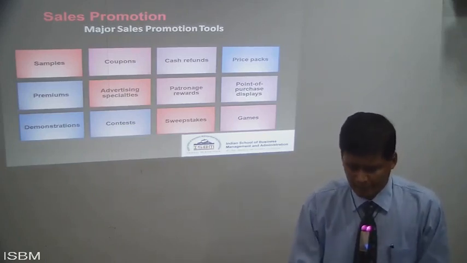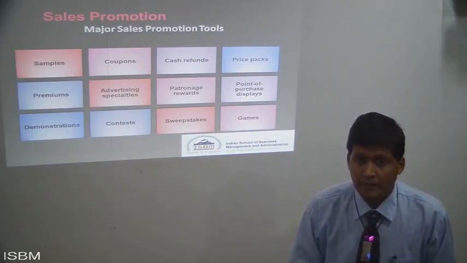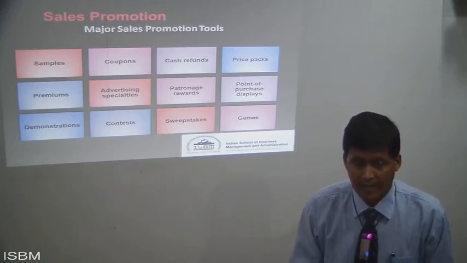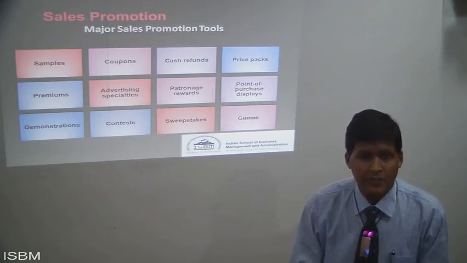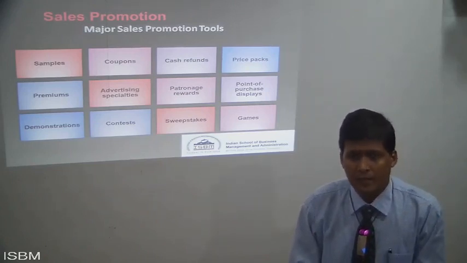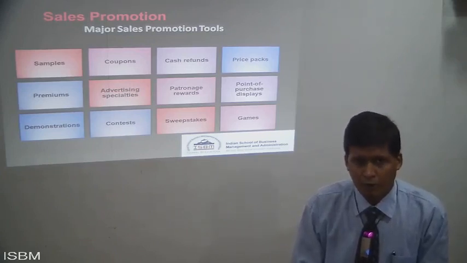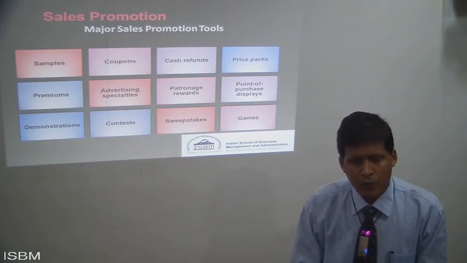Say, for example, in the pharmaceutical industry, samples are given across so that the customer can use it on its end customer. There are tasters available. For example, you get a lot of newspapers attached with maybe a small sachet of a detergent, could be a coffee, could be any of those, where the company wants the customer to try the product.